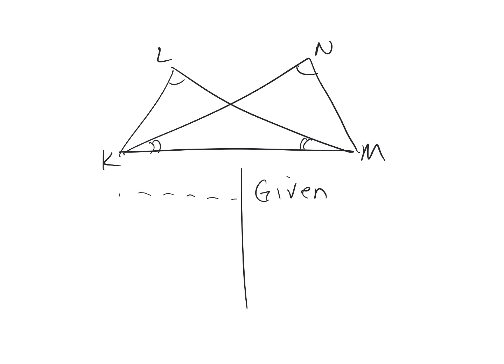And you should also draw them separately just so you can kind of see what they look like. So L, M, K, this is K, and an M. So L and N are congruent. That's part of your given. Angle M and angle K are congruent.